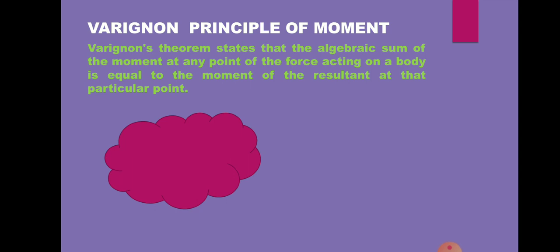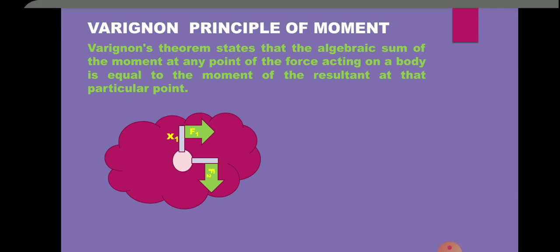Here one object is given on which there is a fixed point. Here force F1 acts at a distance x1 in the perpendicular direction. The second one is force F2 acting at distance x2, which is also perpendicular.